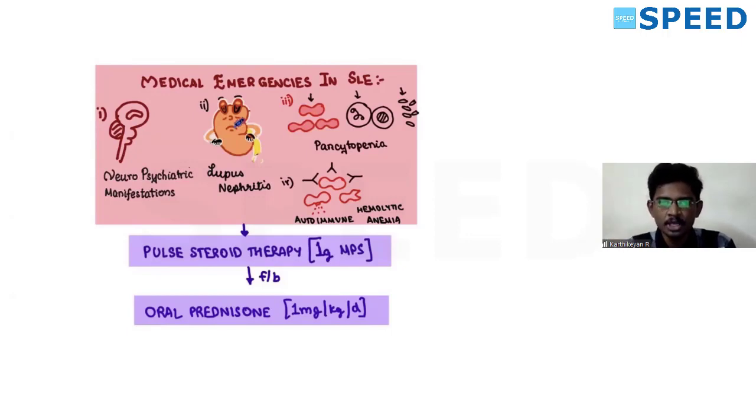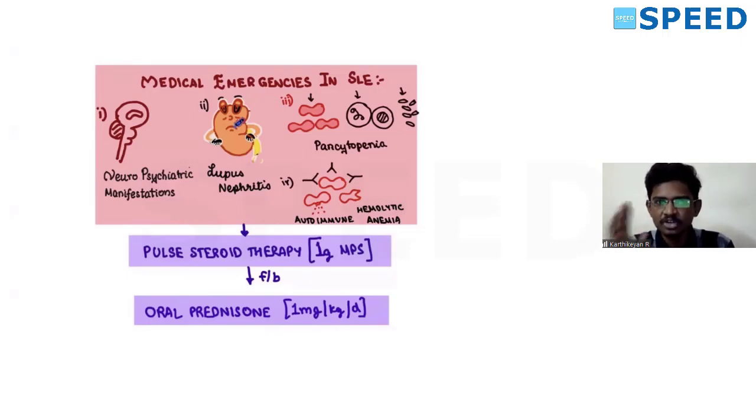Okay, so 4 indications for pulse steroid therapy in SLE. It's a high yield area which is recurrently asked in AIIMS. Neuropsychiatric manifestations, lupus nephritis characterized by hematuria, proteinuria, RBC cast, pancytopenia, and also autoimmune hemolytic anemia.